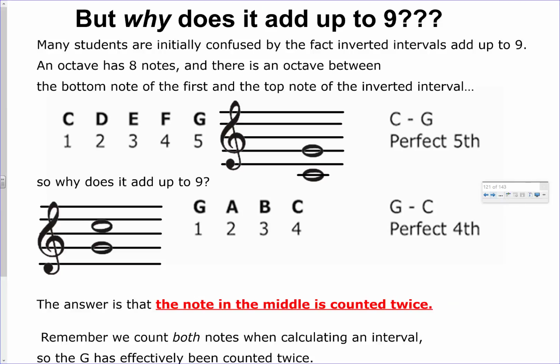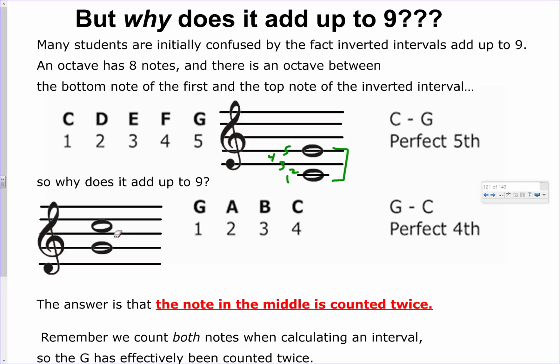Why does it add up to 9? Well, many students are initially confused by this fact that inverting intervals adds up to 9. An octave, we know, has 8 notes, and there is an octave between the bottom note of the first and the top note of the inverted interval. In this example, we have a C to a G, which the generic name is a fifth. We can count up 1, 2, 3, 4, 5.